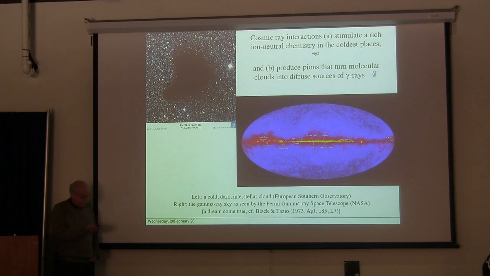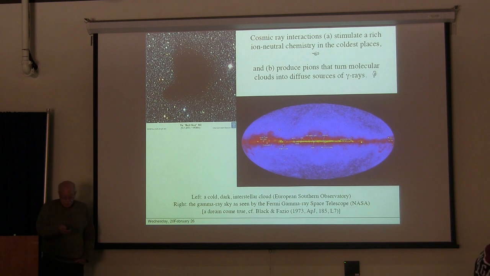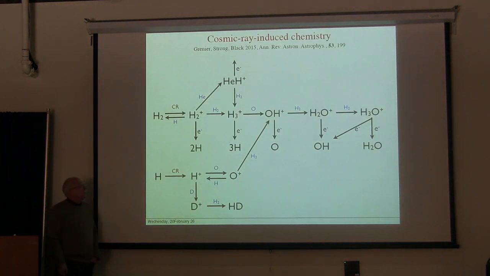All right, so that's just one other thing. And also, I'm nostalgic about this because one of the early wild things I got involved in as a student was the prediction that someday gamma rays through this process would be a way of seeing individual giant molecular clouds or cloud complexes, and so that dream has come true.